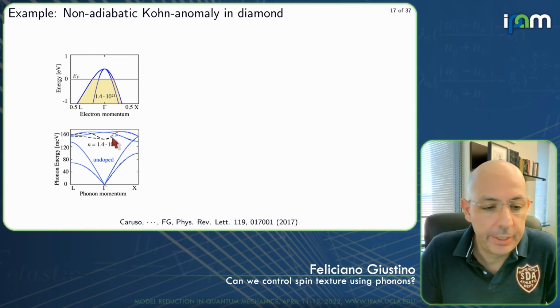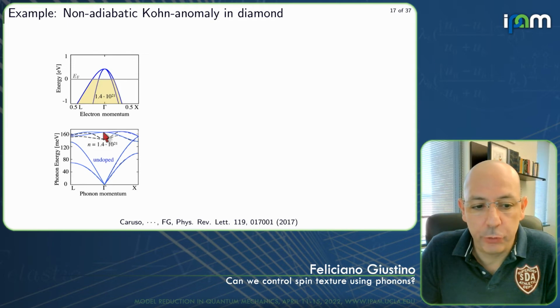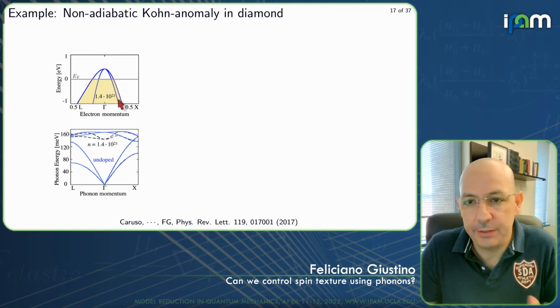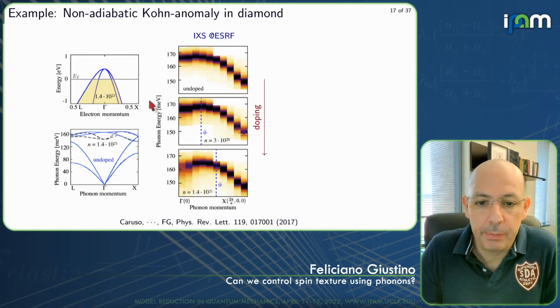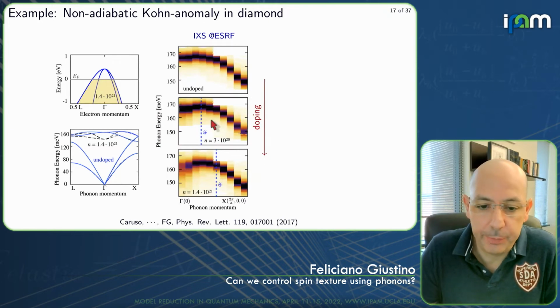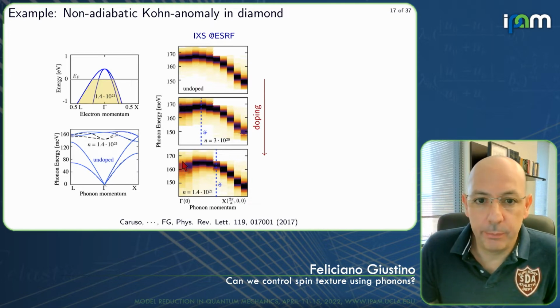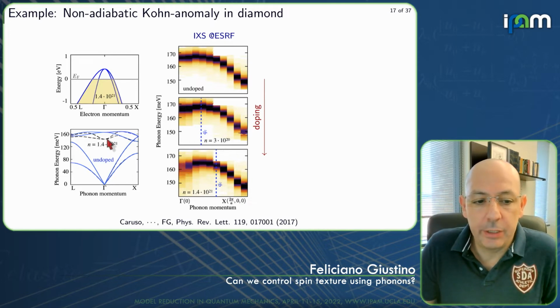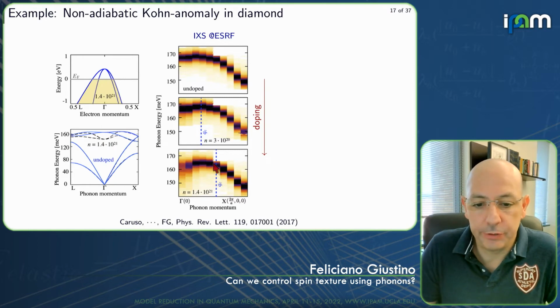The problem with this calculation is that the phonon softening for this doping density is about 20 millielectronvolts. But if one looks at the experiment, these are inelastic X-ray scattering experiments, for the same doping level the softening is of the order of a few millielectronvolts at most. So clearly there is some kind of failure of density functional theory to capture this.